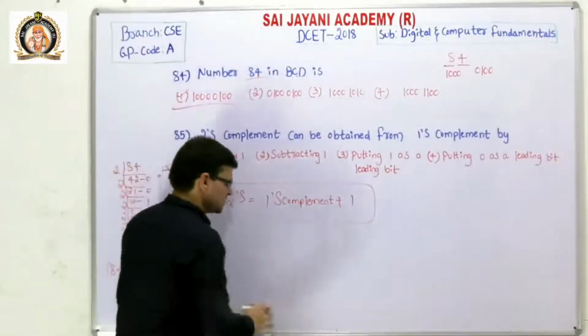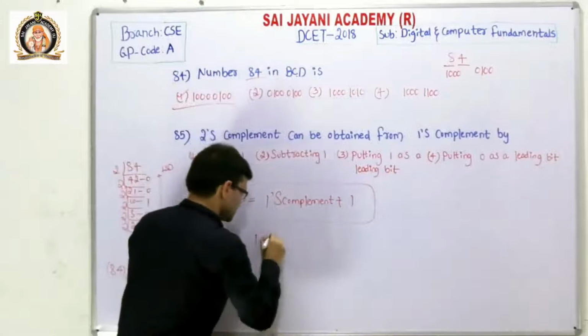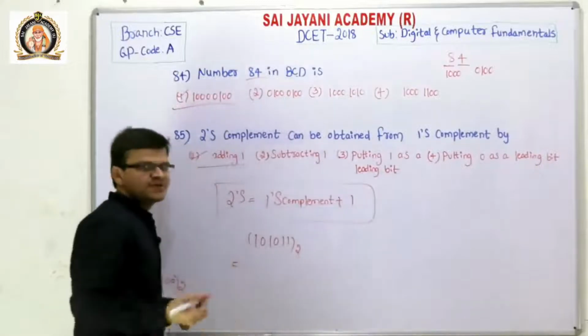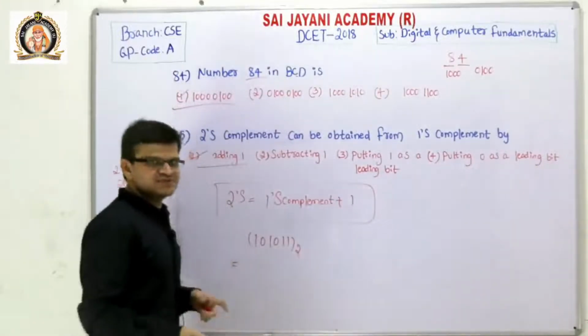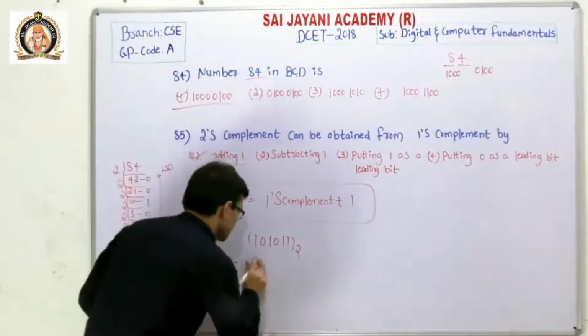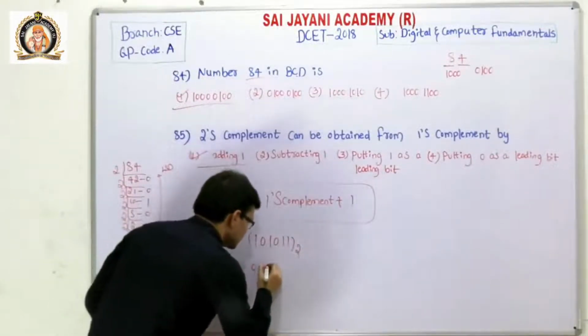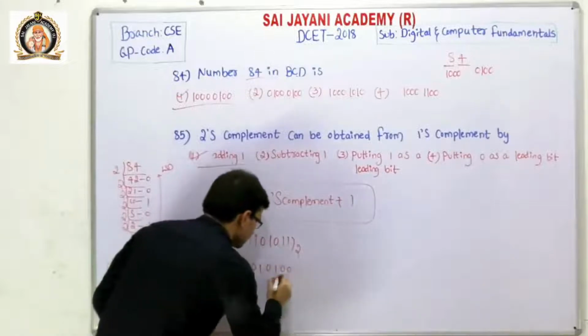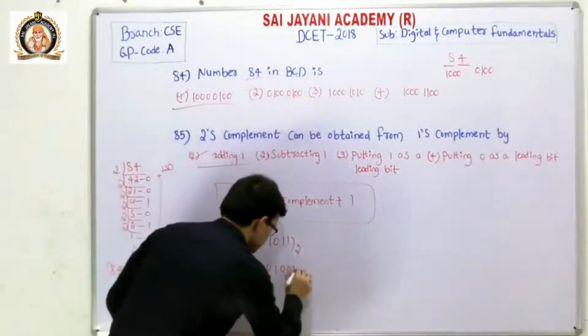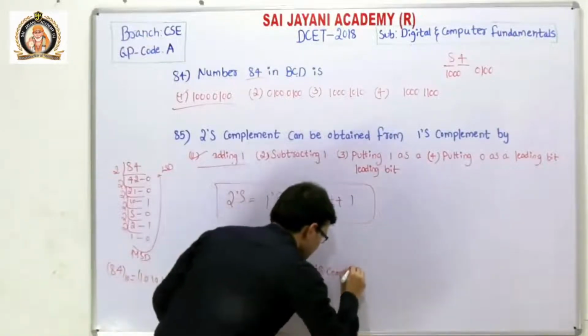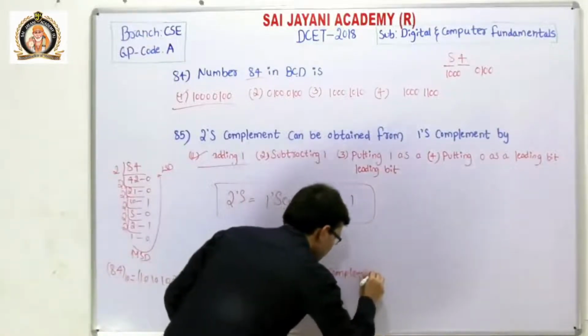Okay, consider one binary number, 10101. For this, the 1's complement we already know: 1s become 0s, 0s become 1s, so its 1's complement becomes 10010. This is in 1's complement form.